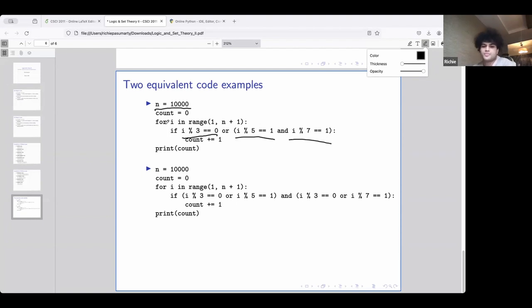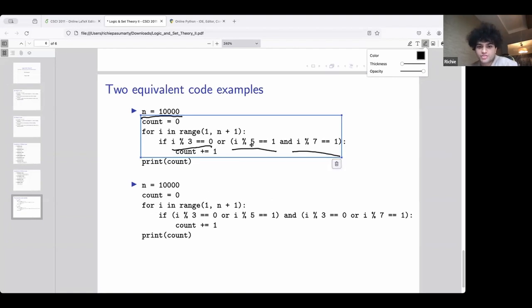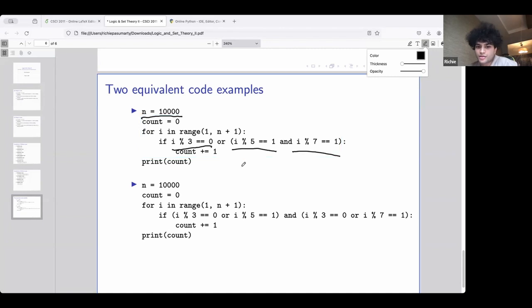I'll give you some examples of numbers which satisfy this second condition. For example, 1 is a number which satisfies it, because 1 divided by 5 is 0 with a remainder of 1, and 1 divided by 7 is 0 with a remainder of 1.